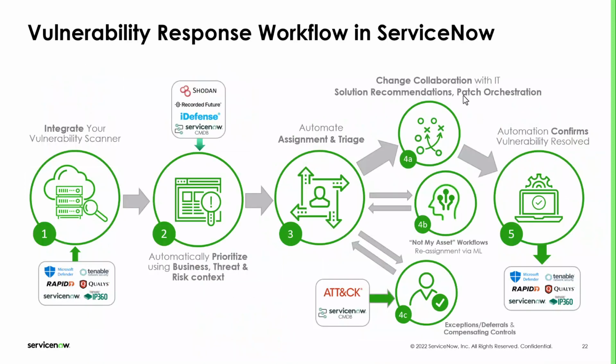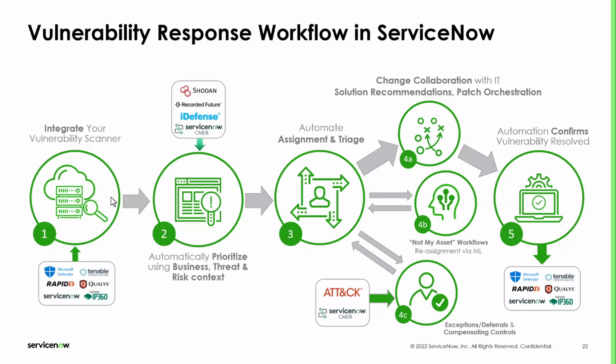So what is the vulnerability response workflow within the Now platform? Well, we discussed all of those out-of-the-box integrations with different vulnerability tools, and that's where we'll start over here on the left. So we bring in that vulnerability information about the assets on your network, and we integrate that into the Now platform.